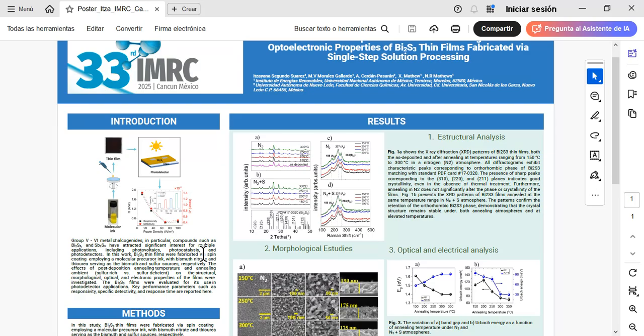The bismuth sulfide films were evaluated for use in photodetector applications. Key performance parameters such as responsivity, specific detectivity, and response time are reported here.